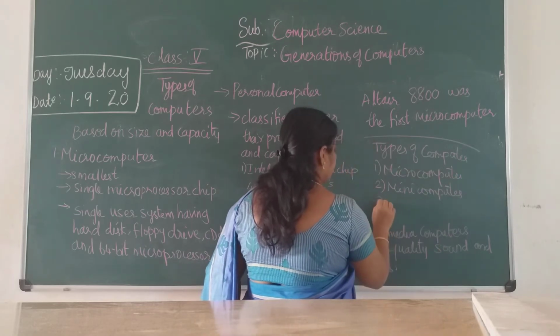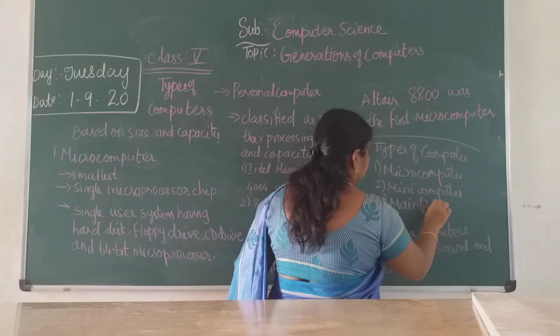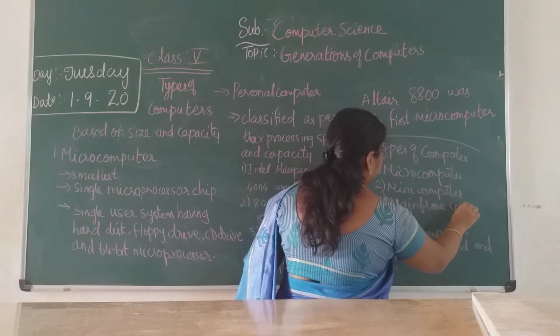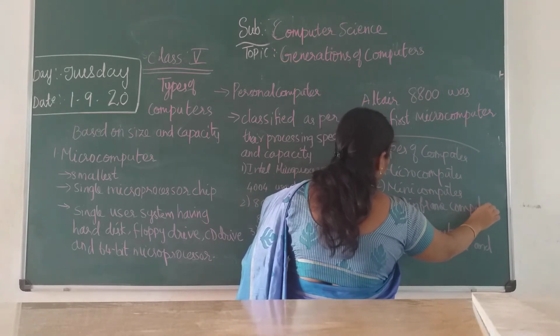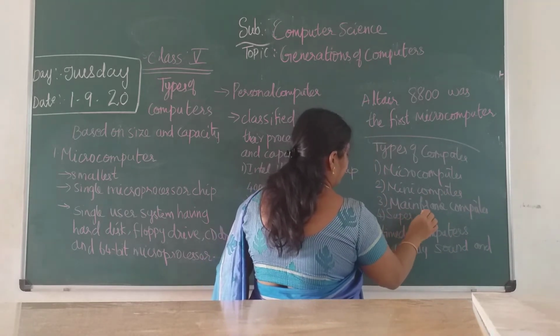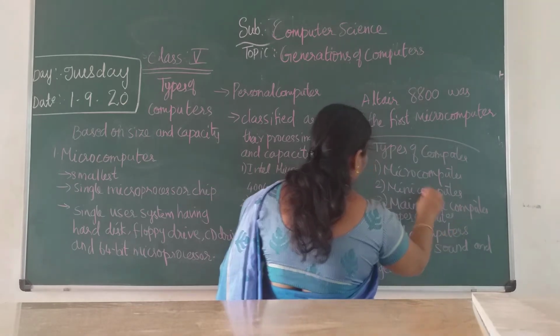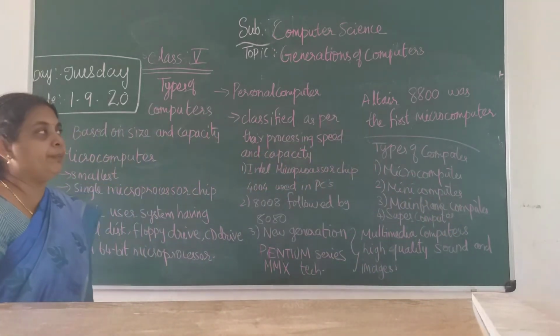The third one is your mainframe computer. And the another one is supercomputer. So in today's class, the first two we are going to see. Okay. So microcomputer and the mini computer.